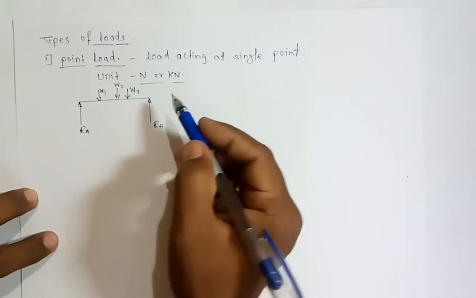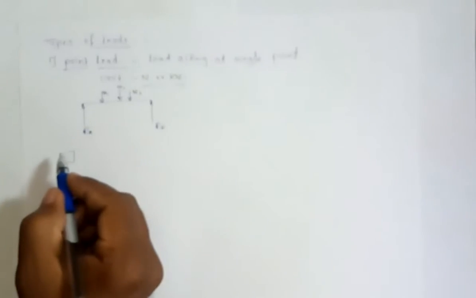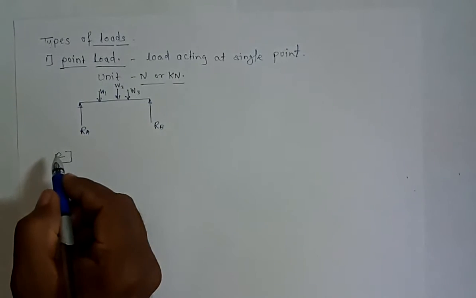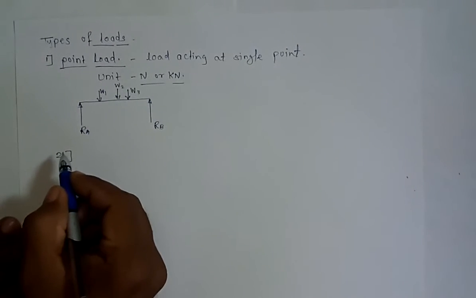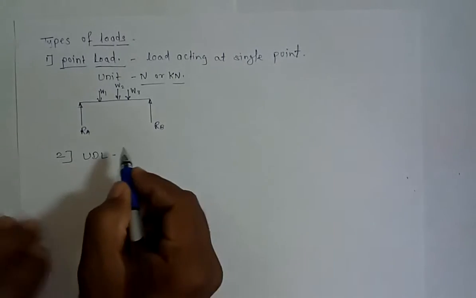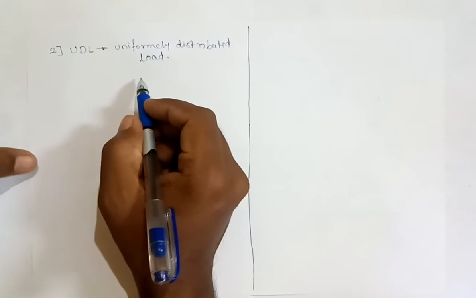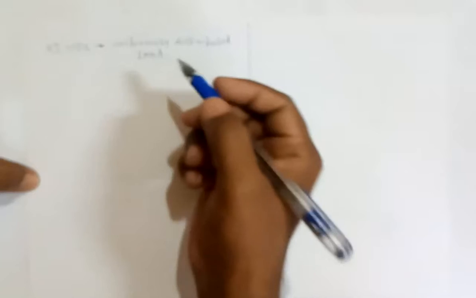Let us further move to the second type of load, and the second type of load is UDL. This UDL is also known as uniformly distributed load. Let us see the definition of this uniformly distributed load.